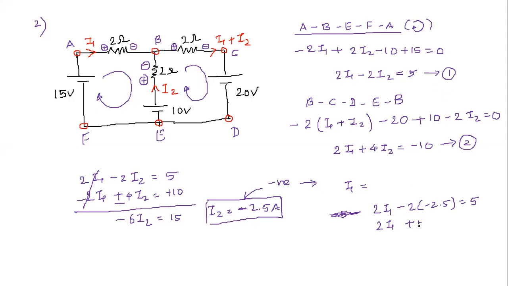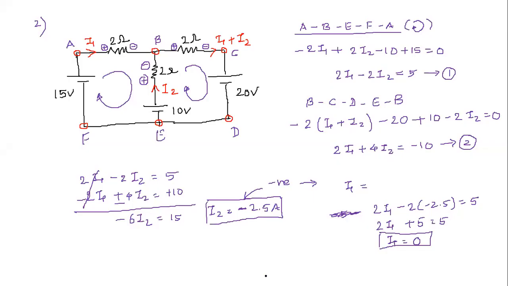This will be plus 5 is equal to 5 and I1 comes out 0. You can solve this, right? Take your time. So surprise again. So great, I1 comes out zero.